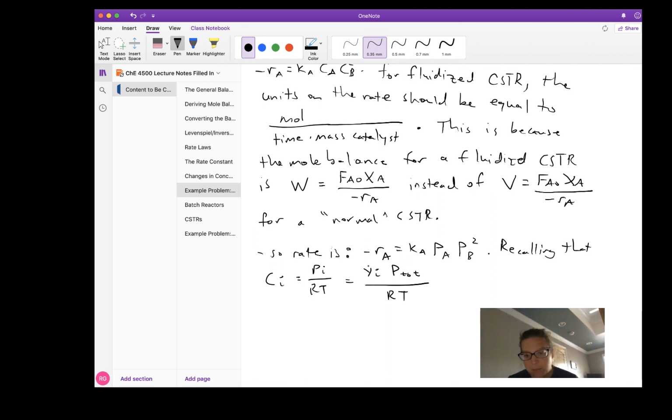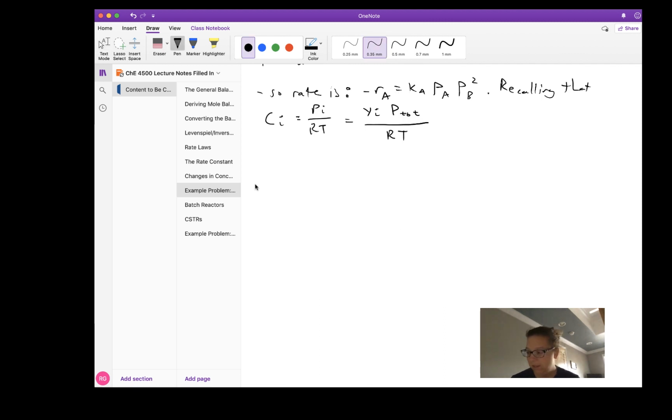This rate expression has units that work out to give the rate the correct units, and it also works with the units of the rate constant. So this is what I'm going to assume for my rate law.